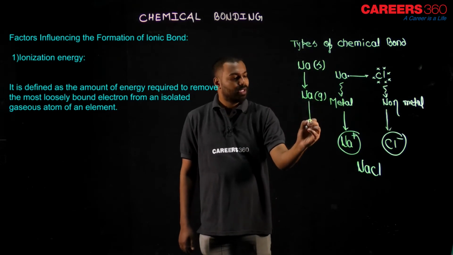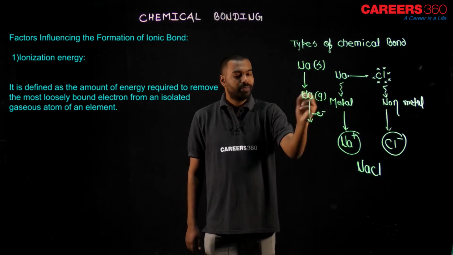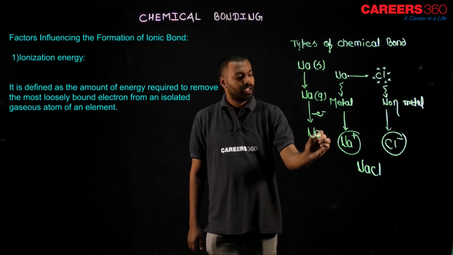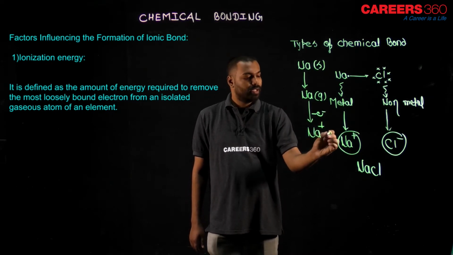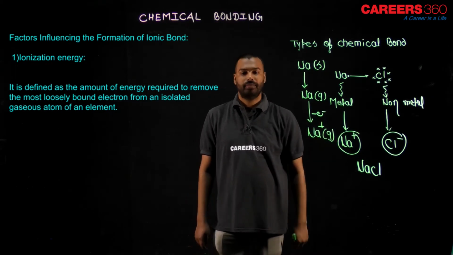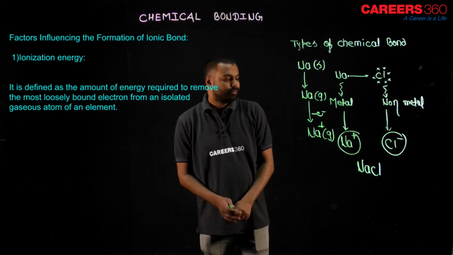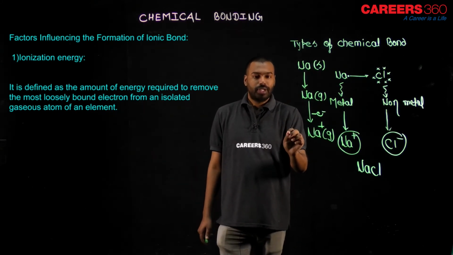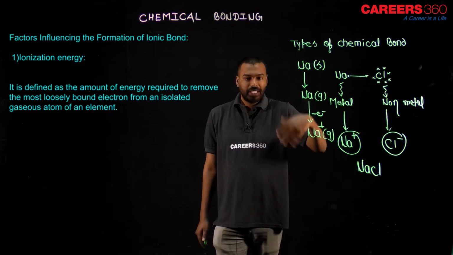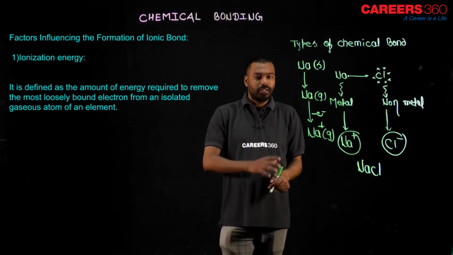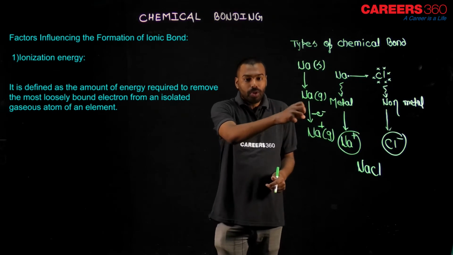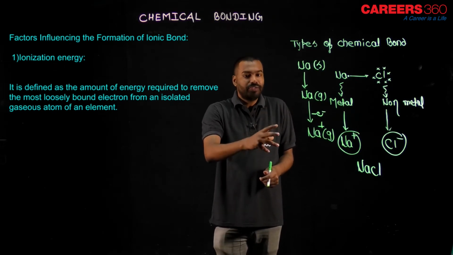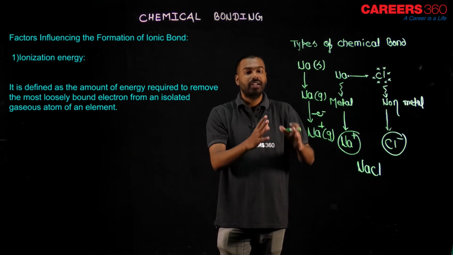Now, we remove 1 electron from the sodium and convert it into a sodium cation in gaseous state. Understand, an amount of energy is required to remove an electron from any atom, yes or no? Because the nucleus holds the electron; there is an attraction force between the nucleus and the electron.